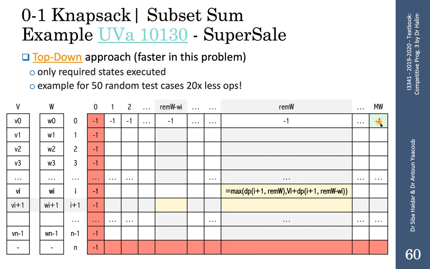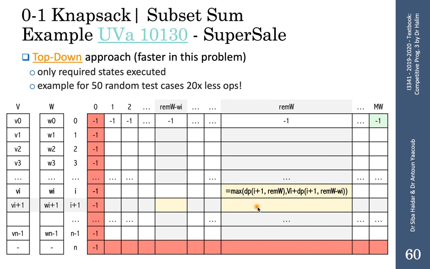And in order to solve each value, this is why it is called top-down, we have to take, if this remaining weight can hold the current weight of the item, we have to choose between two options.